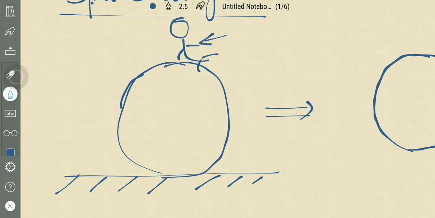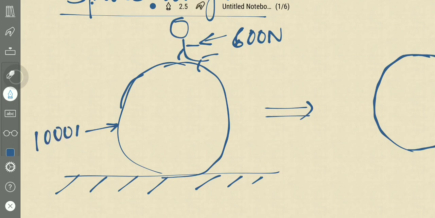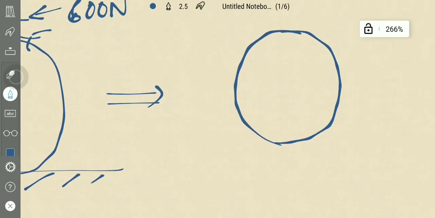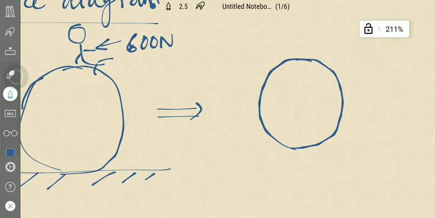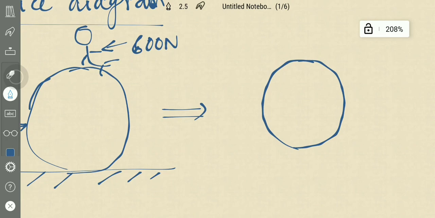So suppose the weight of this person is 600 newtons and the weight of this rock is 1000 newtons. Then what are the external forces acting on this body?